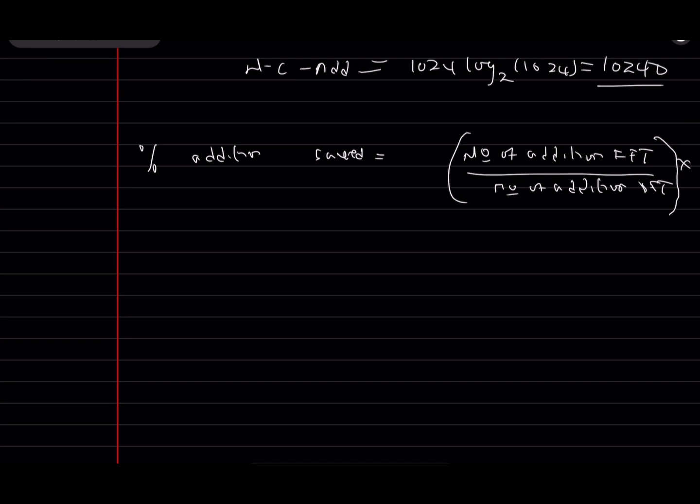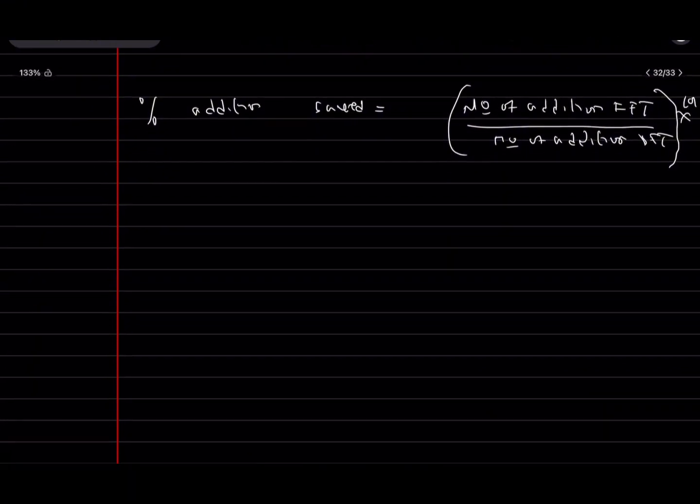When you multiply by 100, you get the percentage of the chunk that has been used by the FFT. So if you want the percentage that has been saved by the FFT, you need to do 100 minus this particular one that you did.